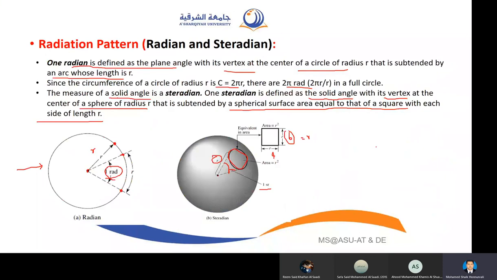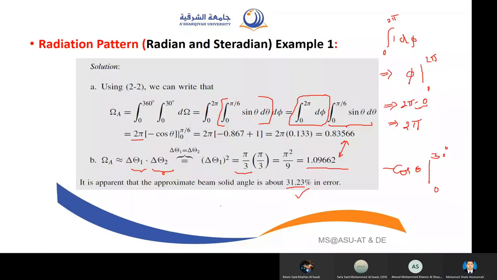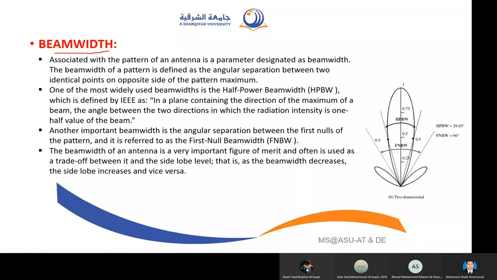So first of all, let's see what a beam width is. Beam width is defined as the angular separation between 2 identical points on opposite sides of the pattern maximum.